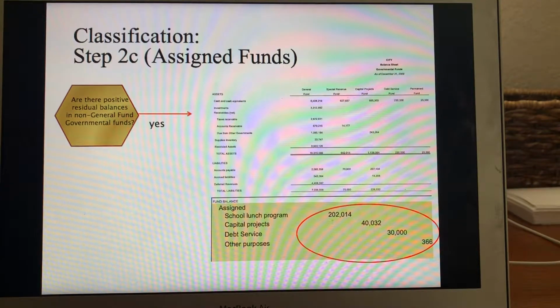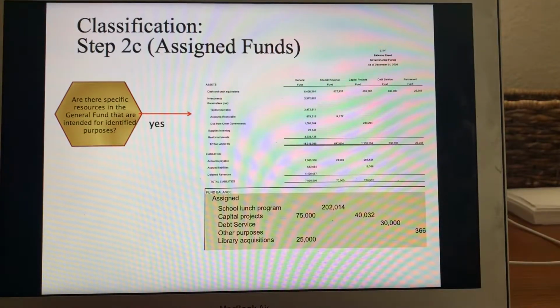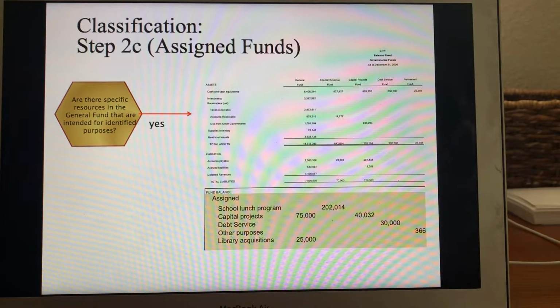Debt service, $30,000, and other purposes, $366. Okay, assigned funds again. Capital projects, so under the general fund there's $775,000, and library acquisitions, $25,000. So those were the additions.